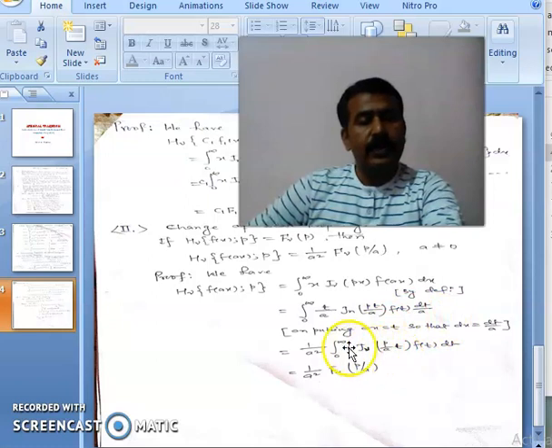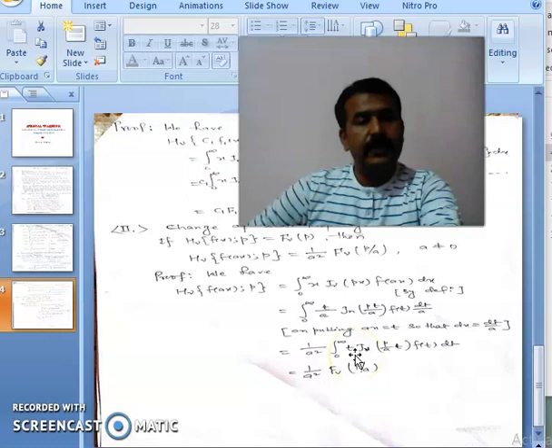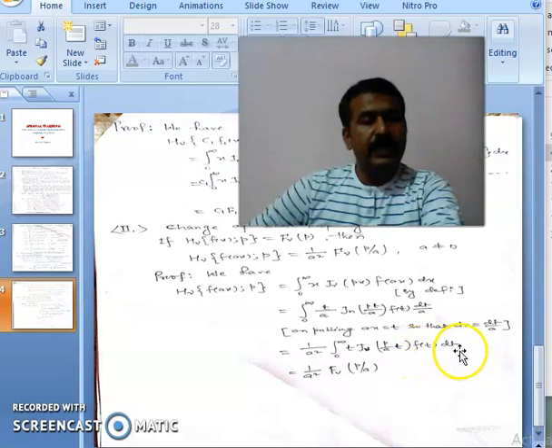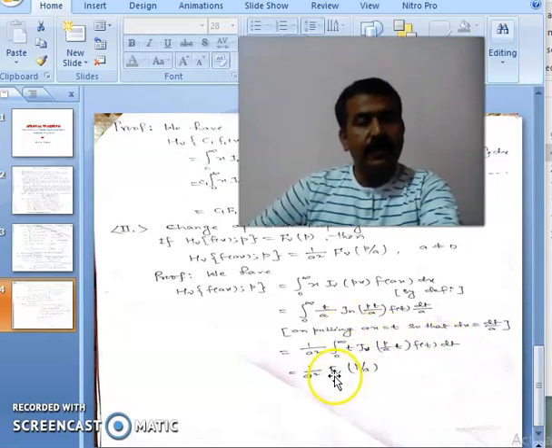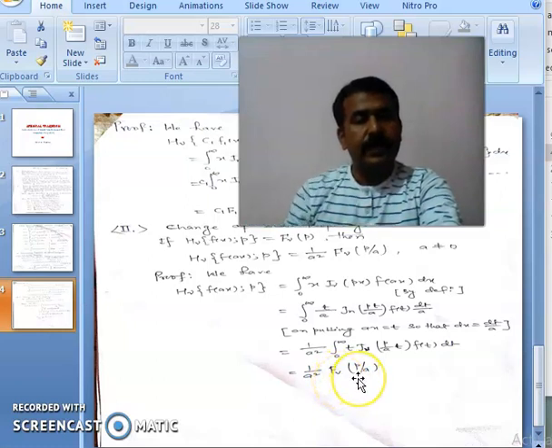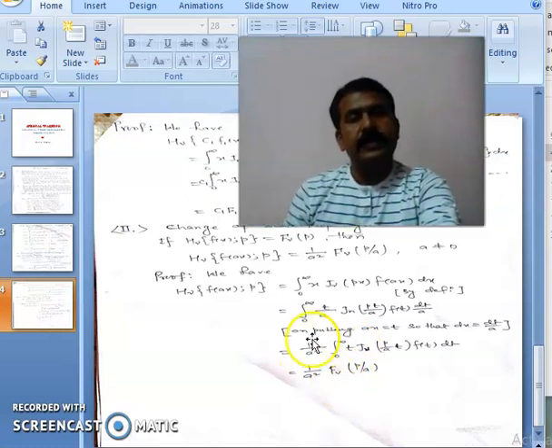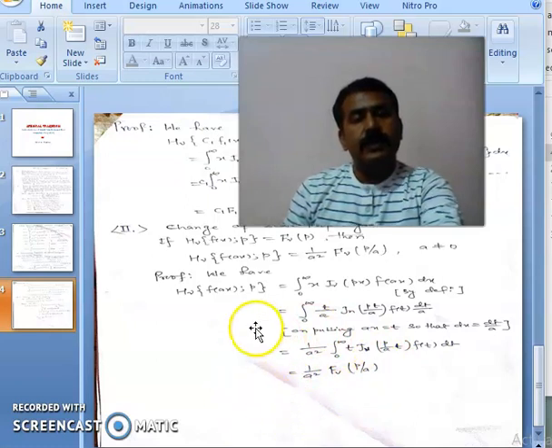So what it becomes: 1 by a square should be outside, the integral from 0 to infinity of t Jv(p by a times t) f(t) dt. So 1 by a squared should be outside, and from the definition of the Hankel transform, the integral of t Jv(p by a times t) f(t) dt can be written as Hv of f, at p by a. So this is the change of scale property of the Hankel transform.